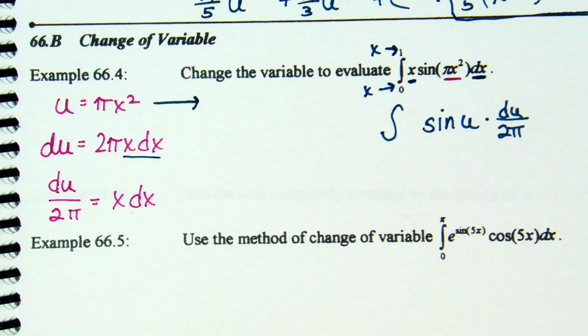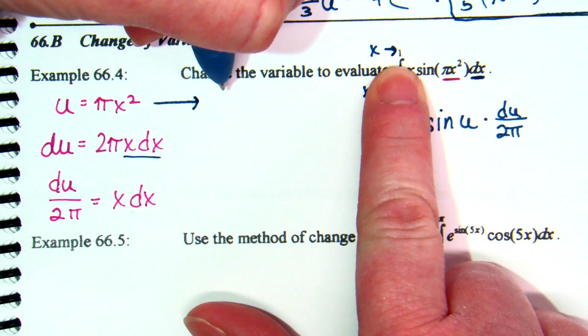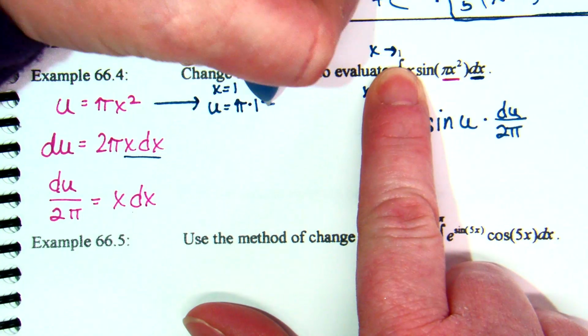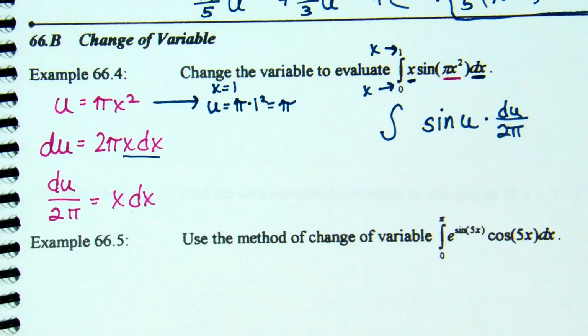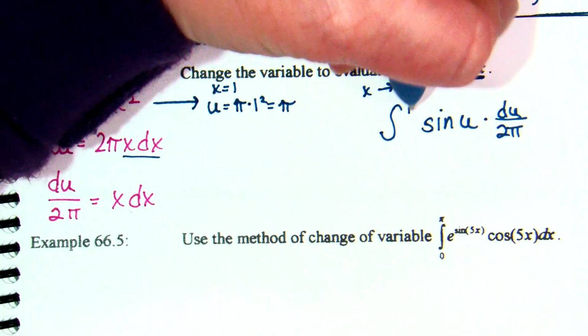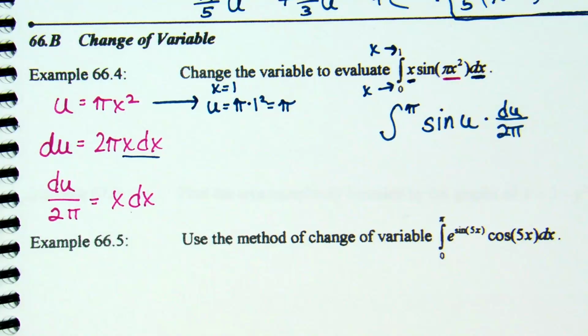So, what's going to happen when x is 1? U is going to be pi times 1 squared, which is pi. So, instead of having 1 as my upper boundary, what's my upper boundary now? Pi. Does that make sense what I'm doing?